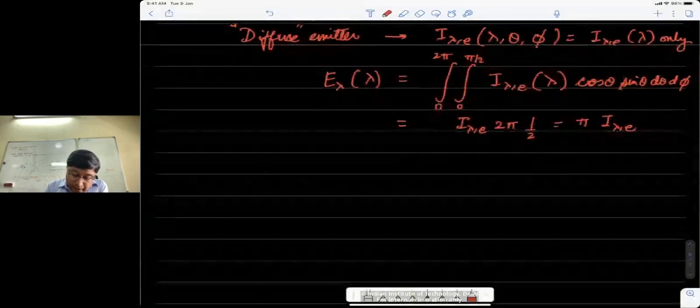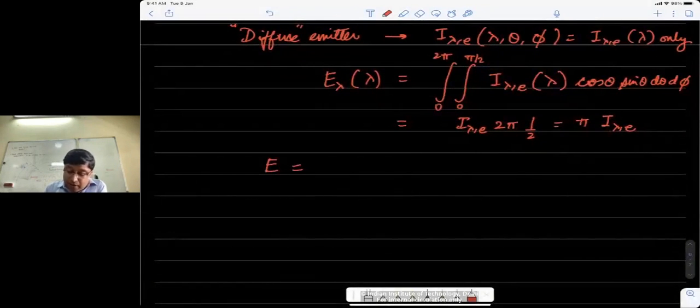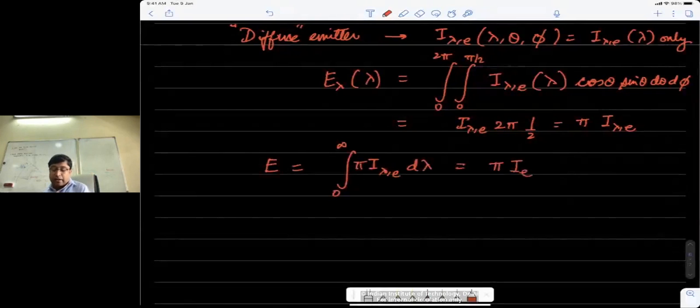Similarly, if I want to write the total emissive power for the same diffuse emitter case, it is the integral from 0 to infinity of E lambda d lambda. So I can write this as the integral of pi I lambda,e d lambda, which is pi times Ie, the intensity of emission, where Ie is the integral of I lambda,e d lambda over all lambda.